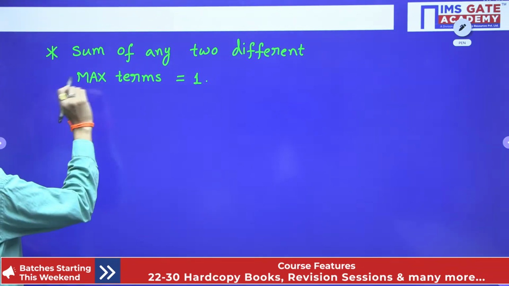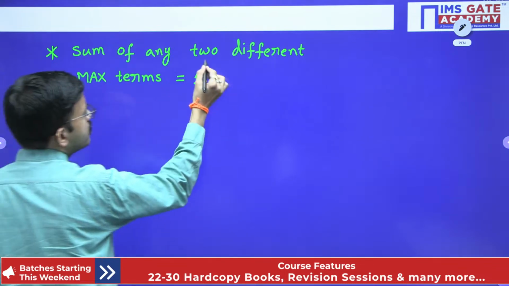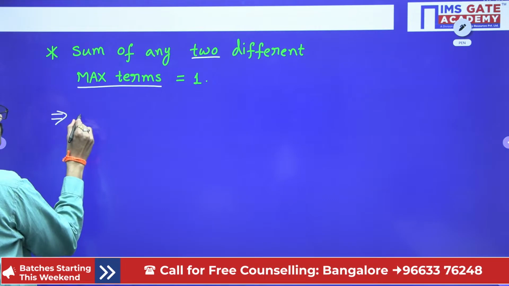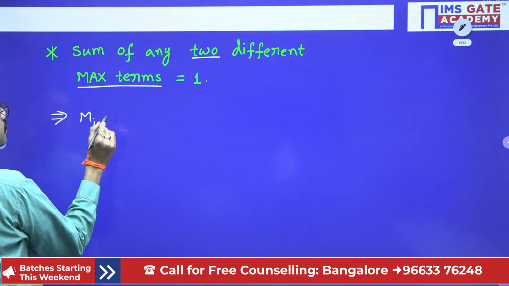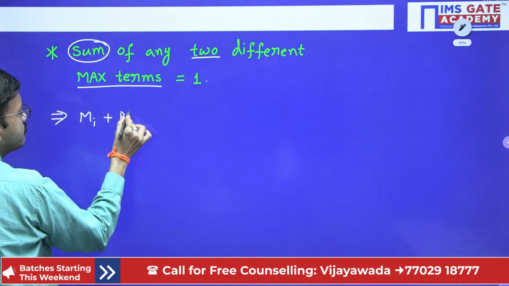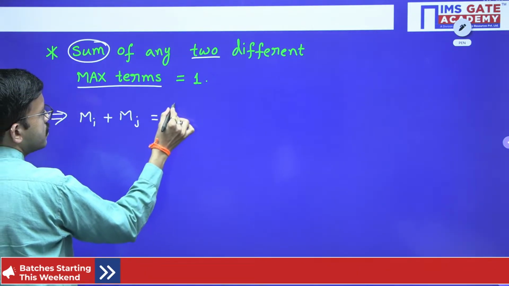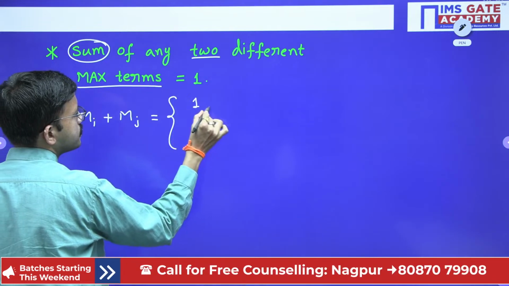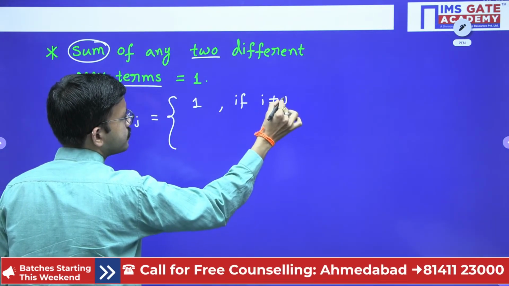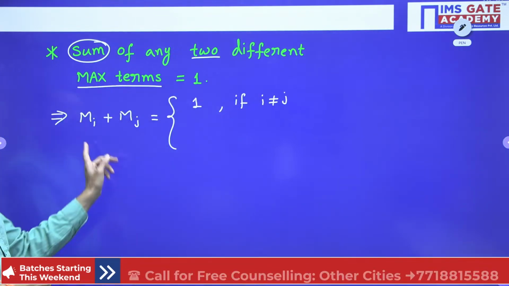So mathematically, if you want to represent it, we have two max terms here, Mi and Mj. We are performing the addition operation. So Mi plus Mj is equal to 1 if i and j are not equal. If i and j are not equal, we are getting 1.